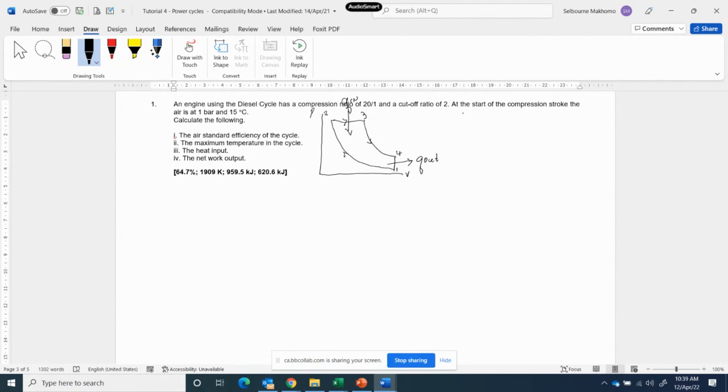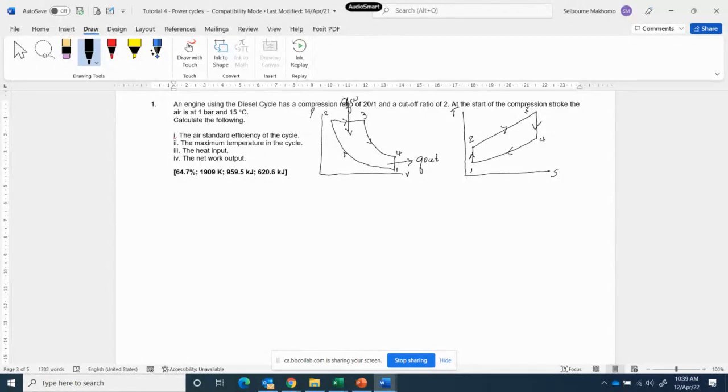That is the PV diagram. The TS diagram of the Otto cycle and the diesel cycle are the same. Temperature and entropy diagram: 1, 2, 3, and 4. Right, now we are done with the sketches.